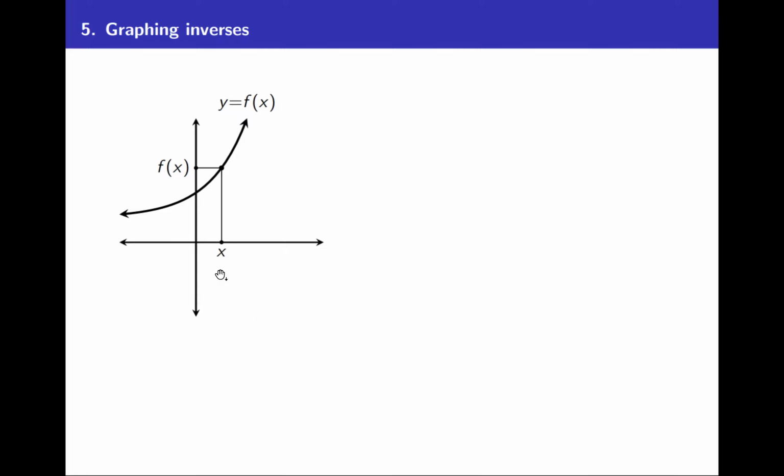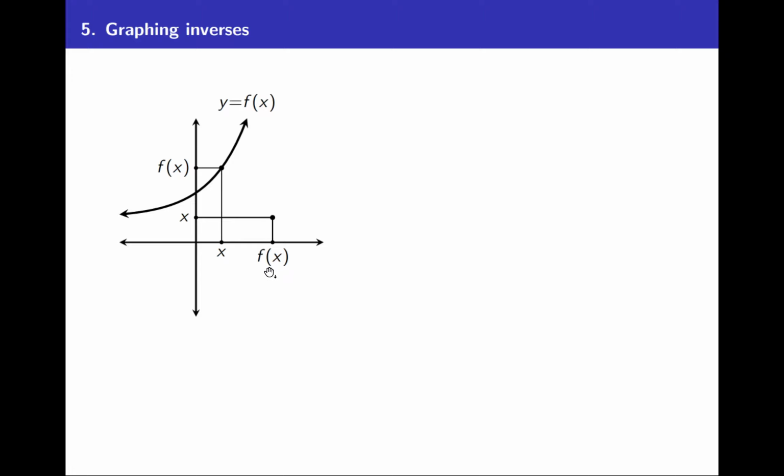If we have the graph of f of x, we know that if we plug in an x, you can go vertically to the graph and then horizontally to f of x on the y-axis. F inverse is going to send the f of x back to x. But we think about that f of x as being an input value for f inverse, which should be on the x-axis.